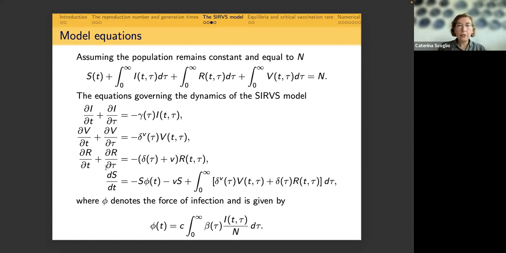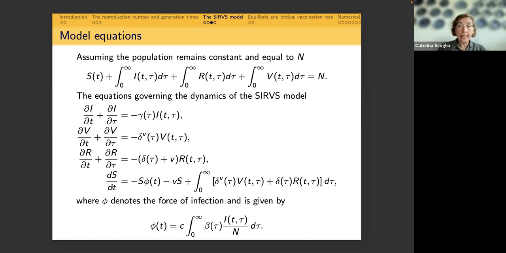And then the equations governing the dynamics of the SIRVS model are the following, with the partial derivatives, considering on the other side of the expression the output flows in the transition diagram.